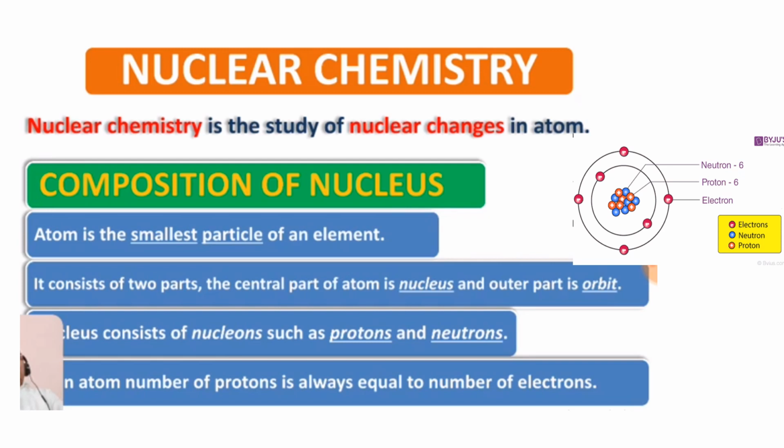So nuclear chemistry is the study of nuclear change in atoms. The composition of nucleus: an atom is the smallest particle of an element. It consists of two parts. The central part of the atom is the nucleus. The outer part is the orbit. The nucleus consists of nucleons such as proton and neutron. In an atom, the number of protons is always equal to the number of electrons.